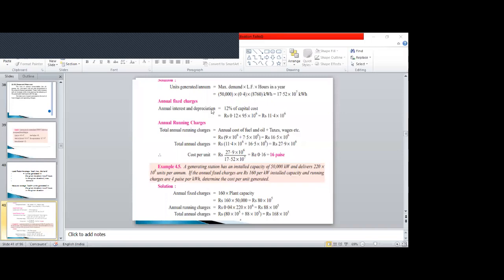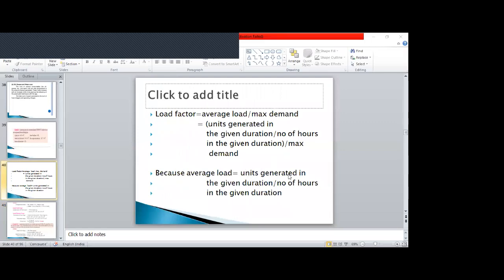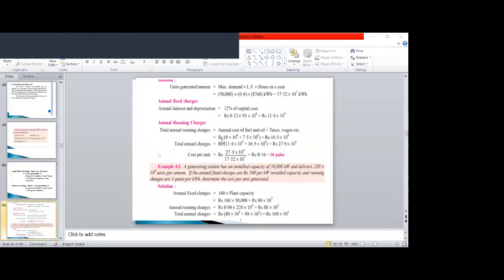So you know that load factor is equal to average load divided by maximum demand, where average load is equal to units generated divided by number of hours in the given duration. Based on this expression, this has been written. So units generated per annum is equal to maximum demand into load factor into hours, where LF represents load factor.